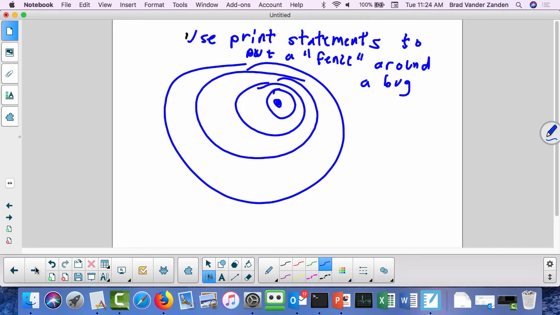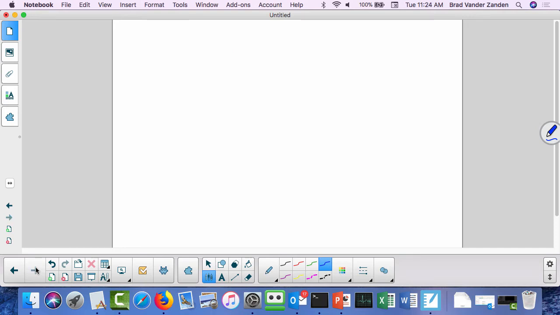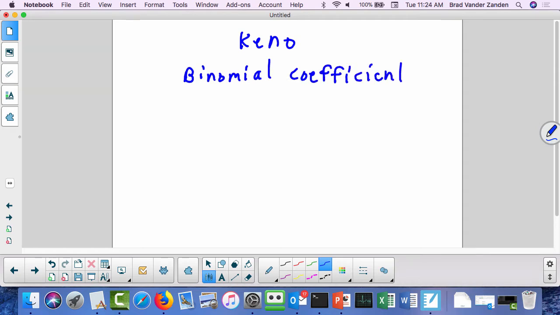Okay. I also want to say a few things about the Keno Lab, which is the current lab, because it involves using something called binomial coefficients, which you may not have had experience with. And I don't expect you to completely understand what a binomial coefficient is.